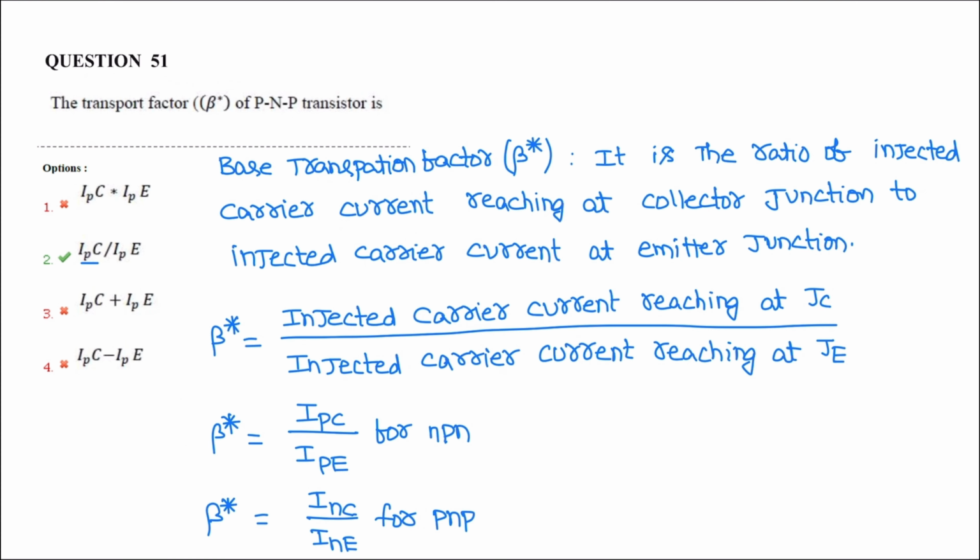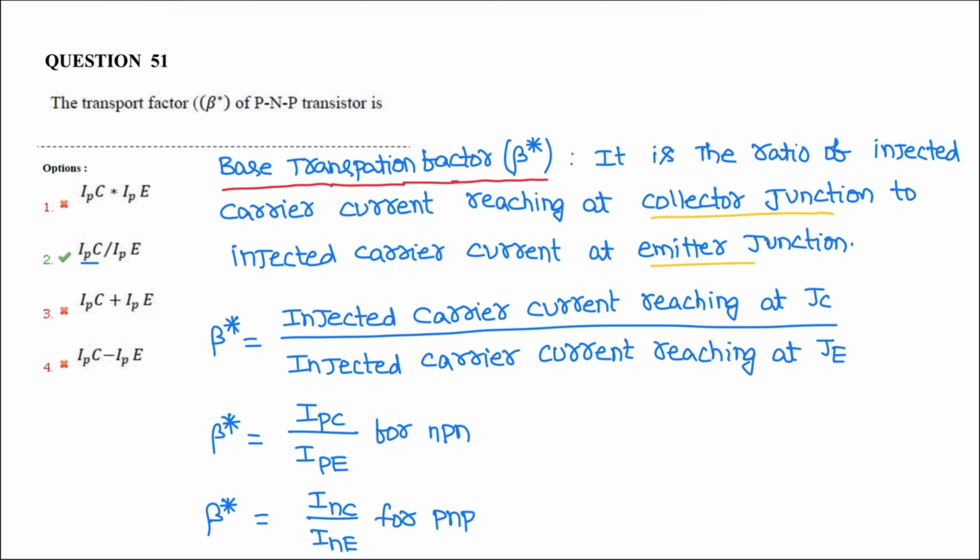Next question, the transportation factor beta star of PNP transistor is. We know that the base transportation factor beta star is a ratio of injected carrier current reaching the collector junction to injected carrier current at the emitter junction.